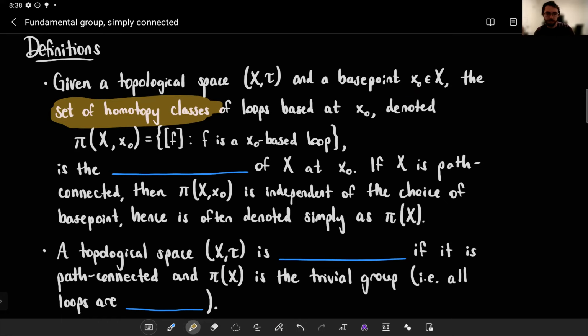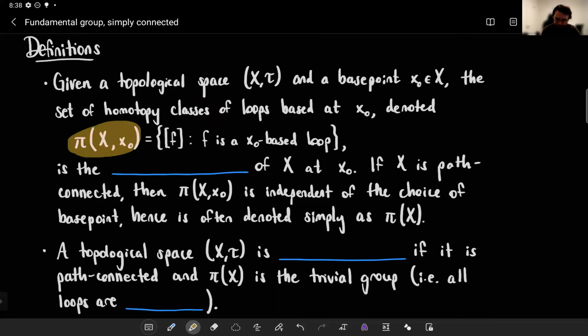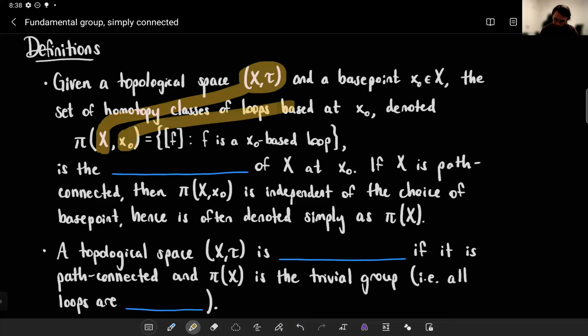We proved last time homotopy is an equivalence relation. So we're talking about the set of equivalence classes, and we're going to have a little symbol for it. We're going to use pi, and pi relies on two things. It relies on the topological space, but it also relies on the base point.